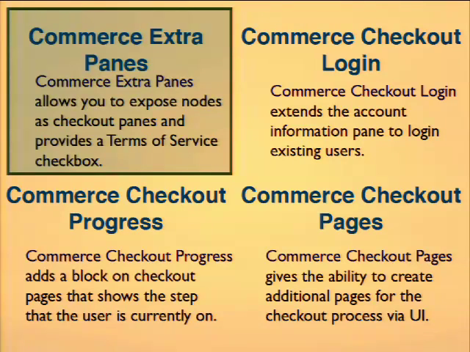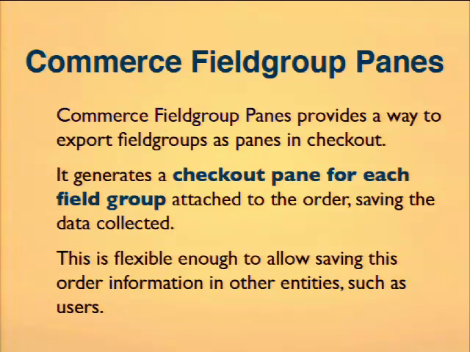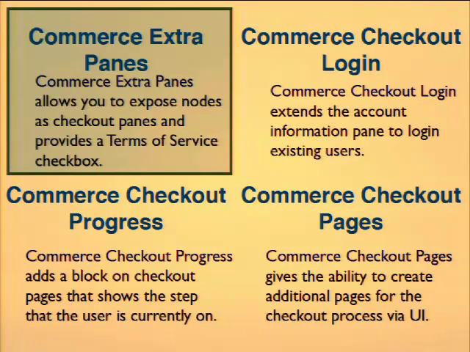It allows you to expose nodes in the checkout process, and it has a submodule for the terms of service, so you can expose a checkbox there. You can have the same functionality with the Fieldgroup panes, like exposing an "I agree to the terms and conditions" in the checkout, but this one has a solution out of the box, and you can assign a node to that.